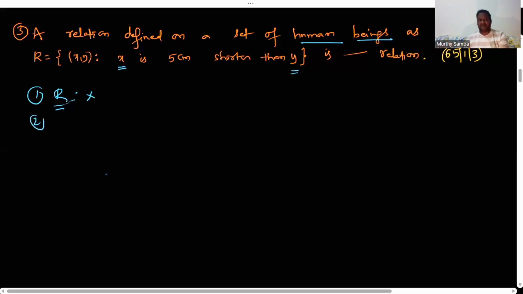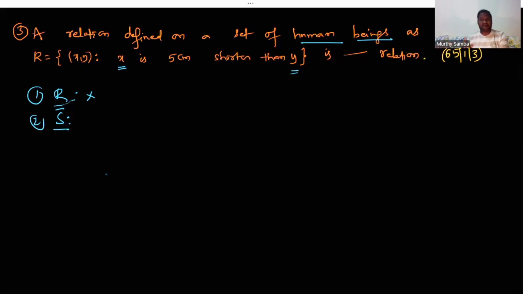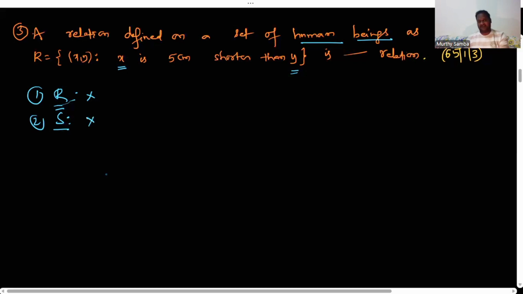And coming to the symmetric relation. If X is 5 centimeters shorter than Y, then what about Y to X? Y is 5 centimeters longer than X, right? It is not shorter than. Therefore, it is not a symmetric relation. And coming to the transitive relation.